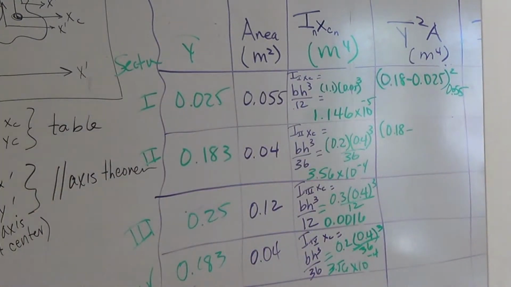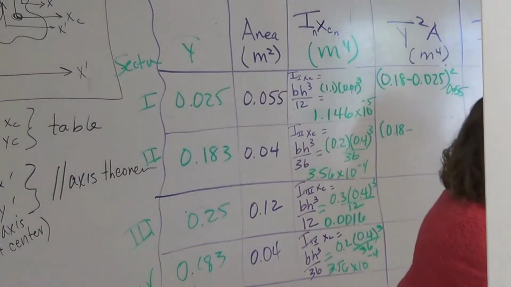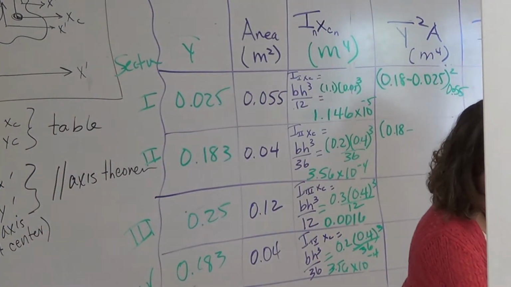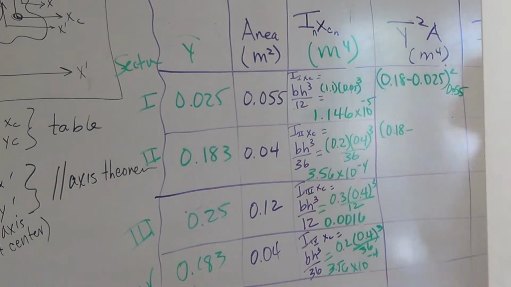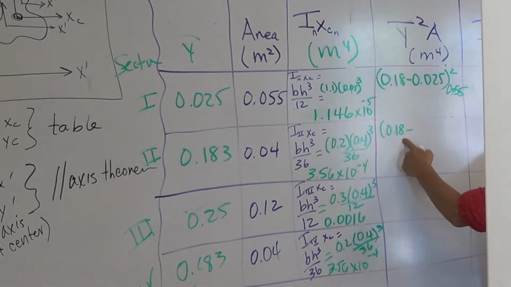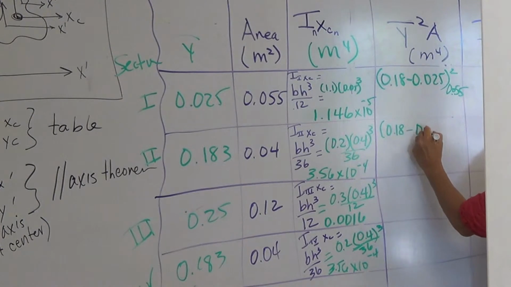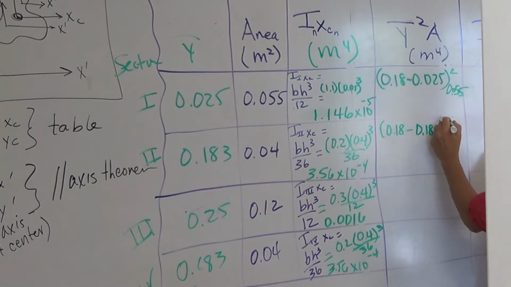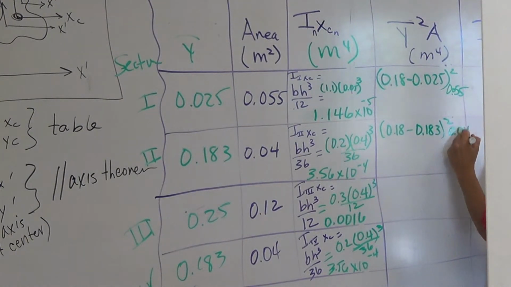Right, so we're measuring everything from here. The centroid is being measured from here, and if you look on the other table, we have the 0.183 location. I got it. So now it's going to be 0.18 minus 0.183 squared times 0.04.